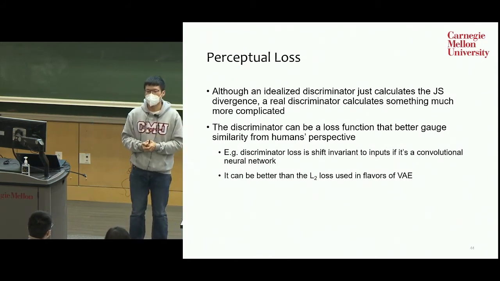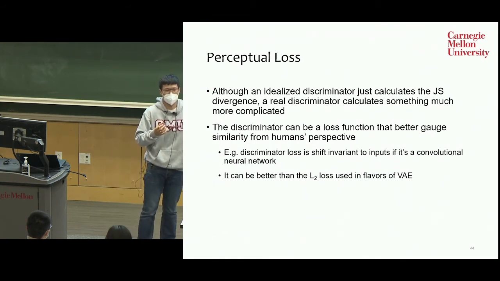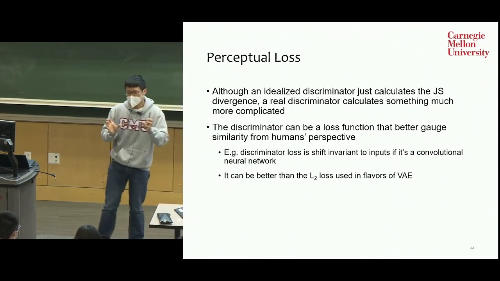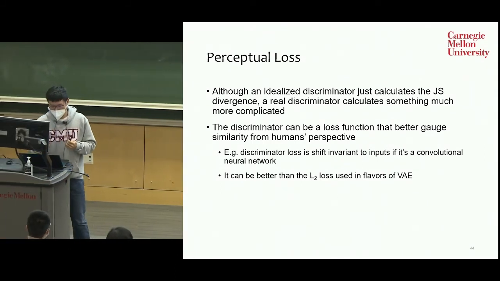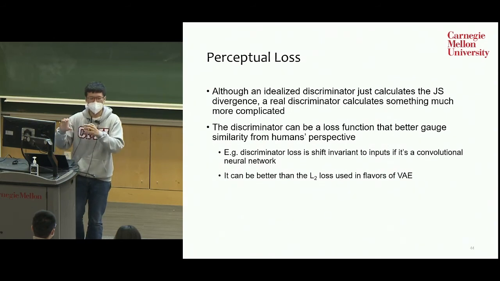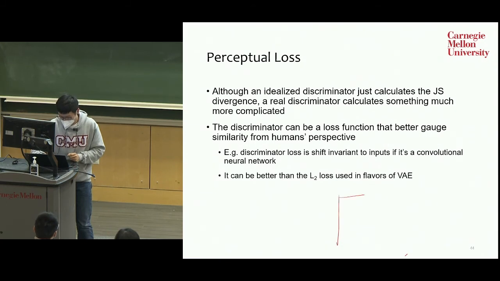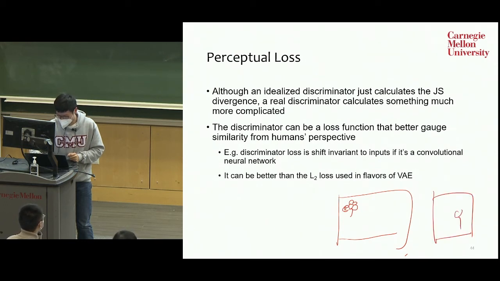Let's say you want to generate images with flowers, and since the training data has images of flowers in different portions of the image, the discriminator that uses a CNN may be able to pick up the fact that the flowers are on different parts of the image, and not penalize the generator for generating, let's say, a flower on this side of the image versus a flower that's here.